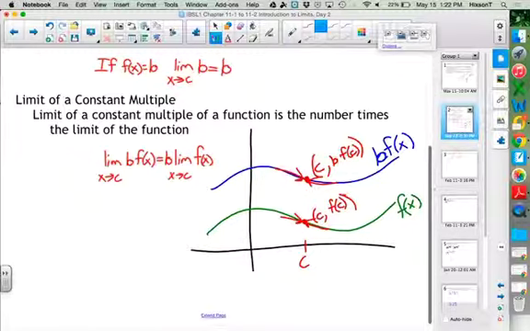So basically what you're able to do is take the limit of the function, pull the constant out of it, and just multiply by that at the end. Okay, which can make evaluating some of these easier. Alright, now another case.